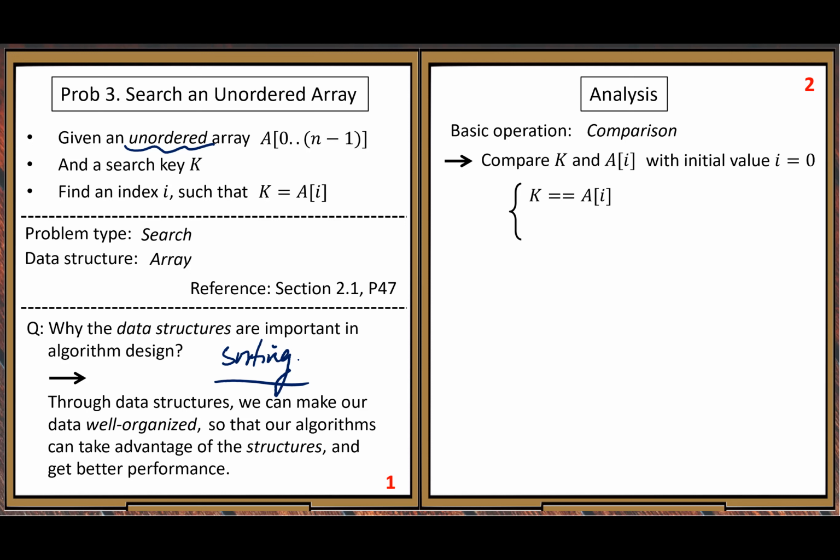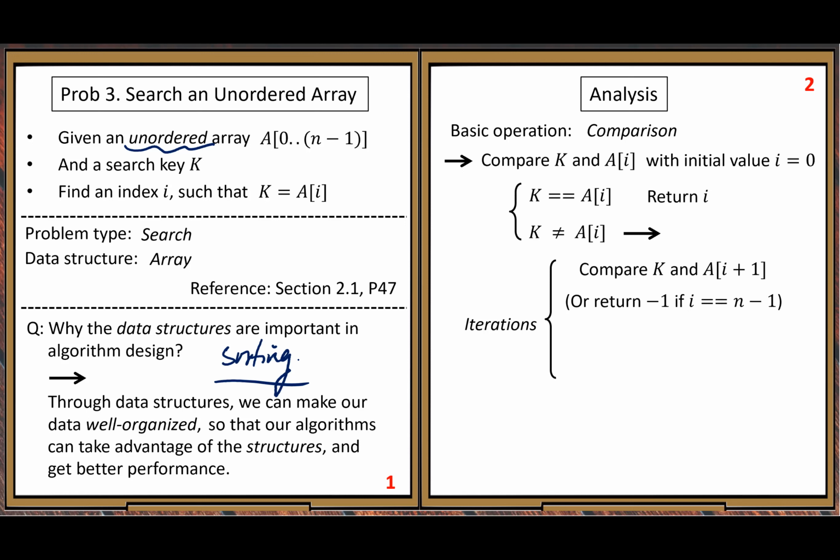Then in every iteration, we compare k with the current element, a of i. If they are equal, then we return index i, and we can terminate the program, because that's all we need to do. But if k is not equal to a of i, then we need to move to the next iteration.